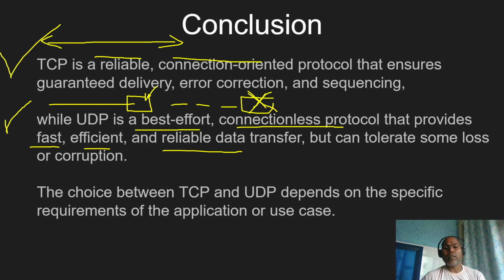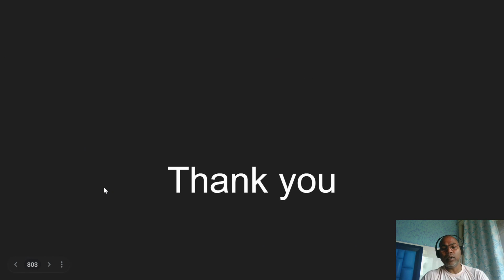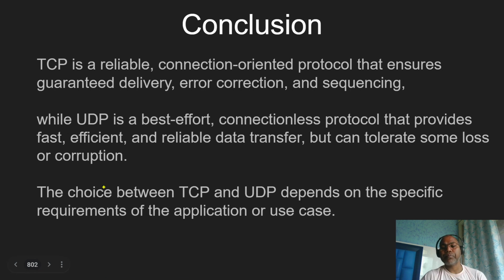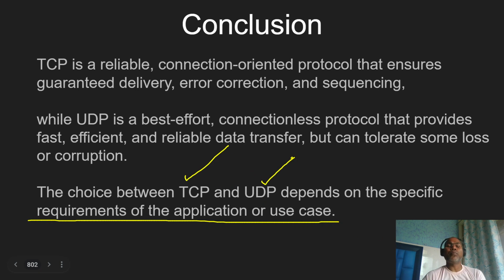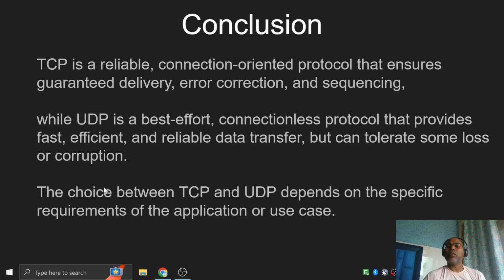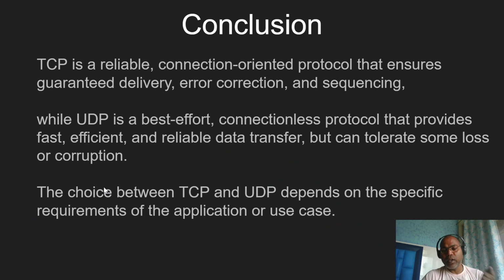So the choice between TCP and UDP depends upon your requirement or your application use case. You cannot say TCP is a good protocol or UDP is a bad protocol. Both have very good strengths, and it depends on our application use case.